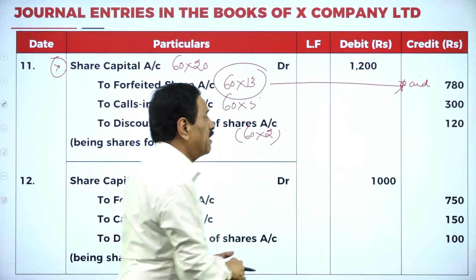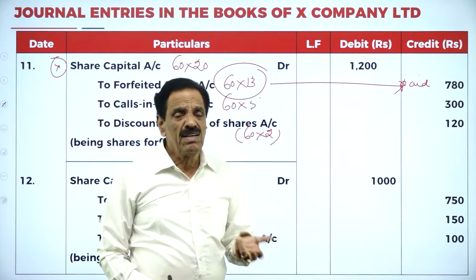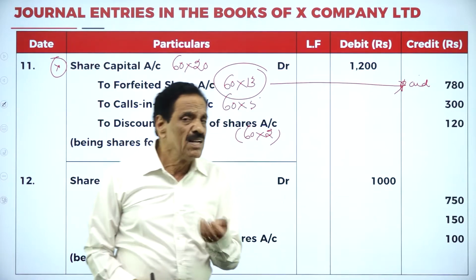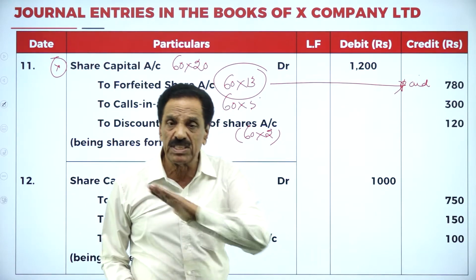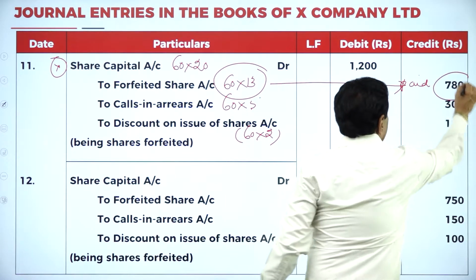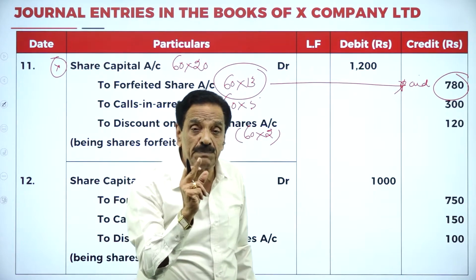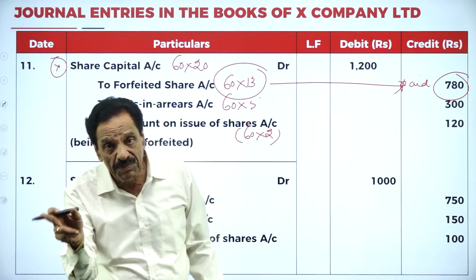He could not pay the second call and the final call. The shares have been cancelled, which is called forfeiture. Whatever money has been paid, 780, goes in favor of the company.